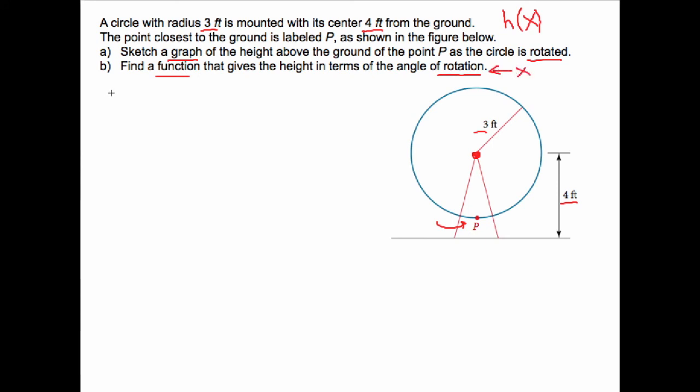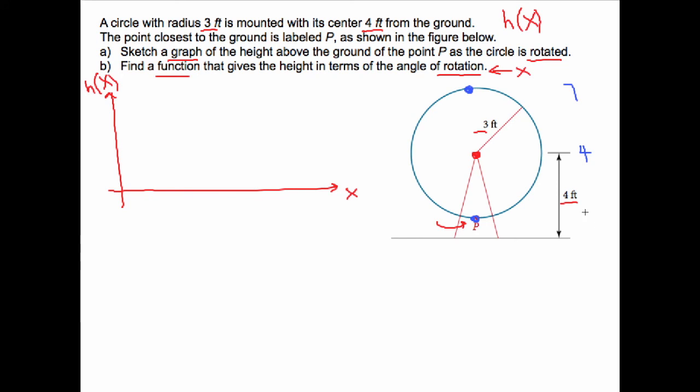So to sketch this particular graph, I'm going to draw a vertical and a horizontal axis. The horizontal axis I'll label x. The vertical axis I'll label h of x. And then I'll notice a few things. First of all, the center is sitting there at 4 feet above the ground. And since the radius is 3 feet, the maximum height would be 7 feet. 4 plus 3 is 7.